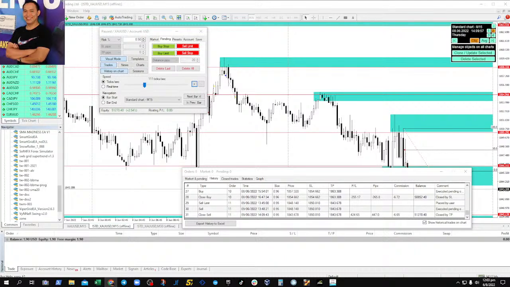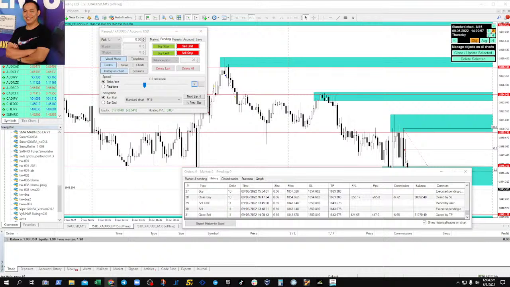Our stop was 30 pips, I guess. I remember. Okay, so it's like 28 pips. See, very good. 28 pips, 1.68.